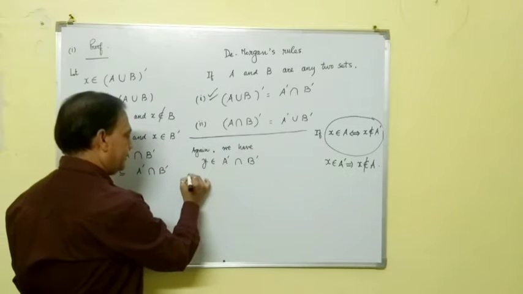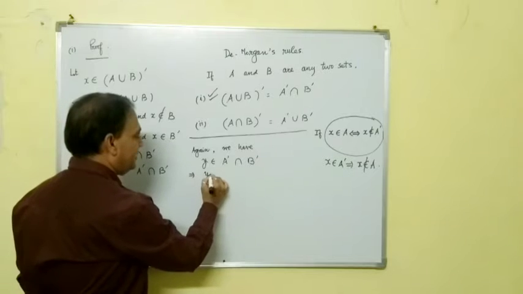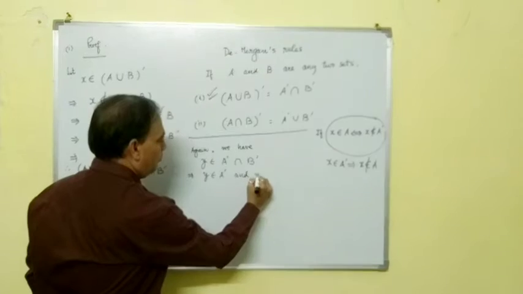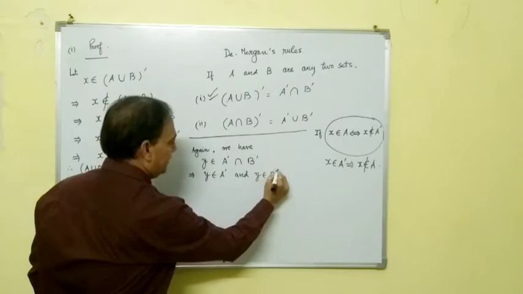It means that y belongs to A complement and y belongs to B complement.